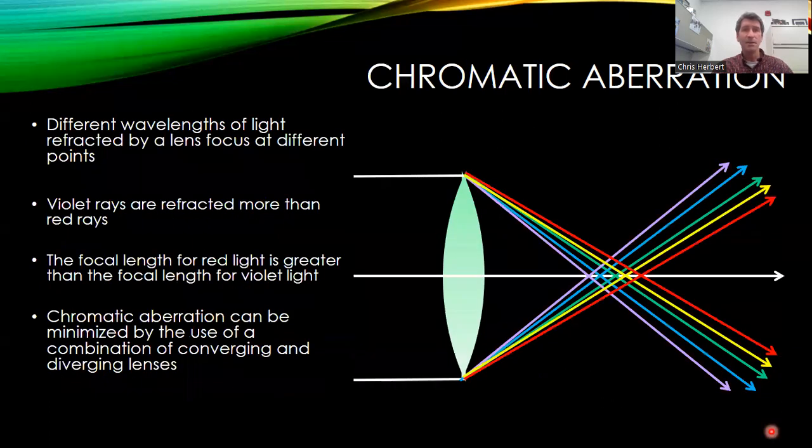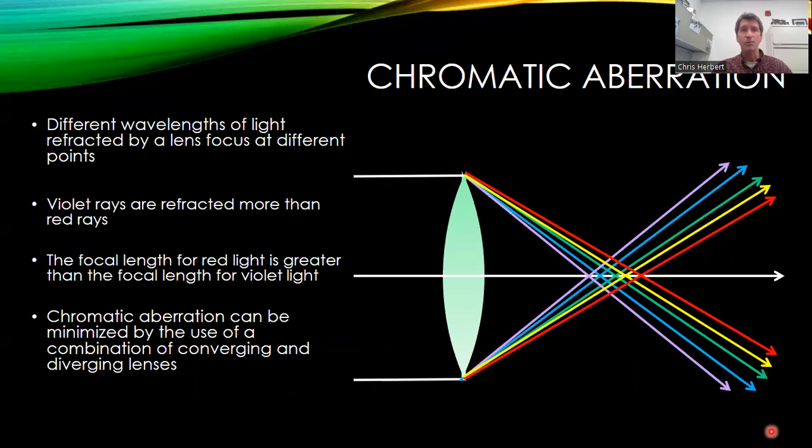Chromatic aberration, basically going back to what we had with a prism, the index of refraction for violet light is going to be higher than that for red light. And we saw with the lensmaker equation, the focal length depends on the radius of curvature of the surfaces, but also the index of refraction.